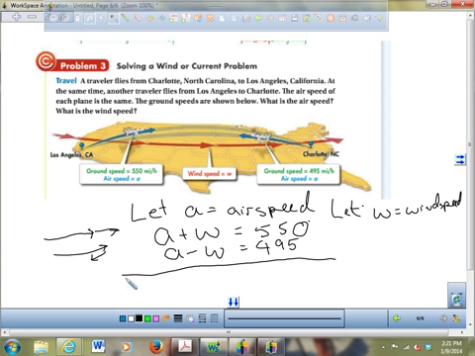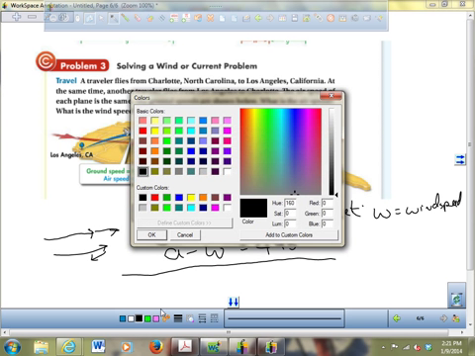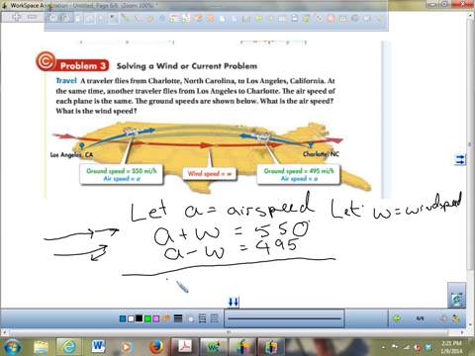Subtract. All right, subtract. What's going to make these W's go away? Add them up. Okay, I'm going to add them. 2A, this goes away, equals. That's elimination.